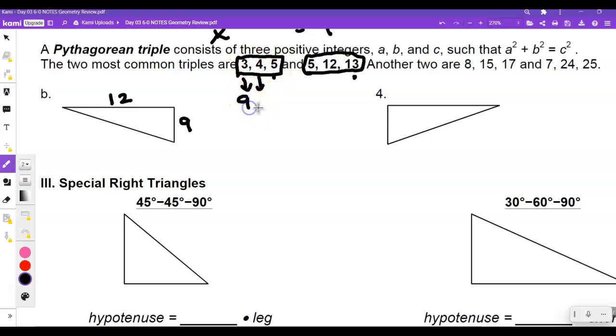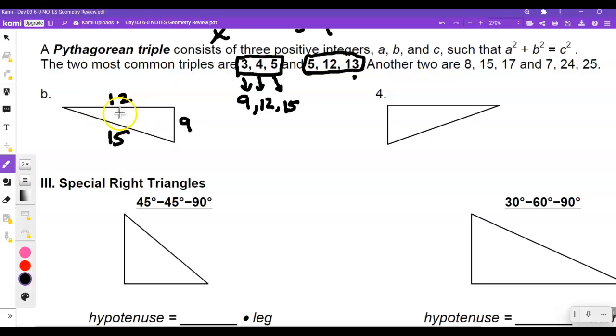So if I have a 9, a 12, I can just multiply the 5 by 3 as well. And I know that is a right triangle, and that's the correct calculation without having to do the entire Pythagorean theorem. So it's a shortcut if you can recognize it.